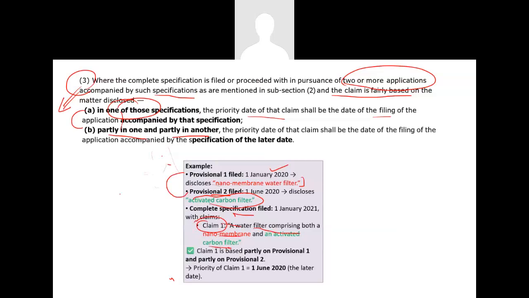So see, one half of this claim is coming from provisional 1 and the other half of this claim is coming from provisional application 2. Now what would be the priority date of this claim then? Would it be provisional 1 or provisional 2? It will say that when it is partly coming from 1 and partly from 2, then the later filed patent application would be the deciding factor for the priority date. So for claim 1, the priority date would be 1st June 2020.